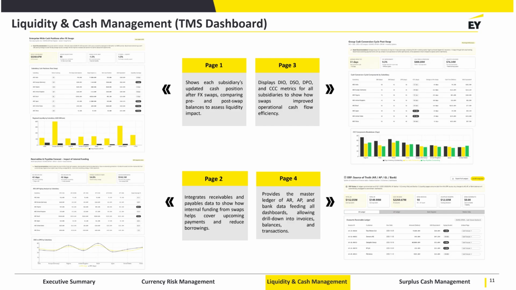On page 1, we see the updated real-time cash positions after foreign exchange swaps for each and every subsidiary, along with comparisons of pre and post swap balances and liquidity impacts. This is done due to the fact that our ERP system of SAP's S4 HANA is integrated into our treasury management system.